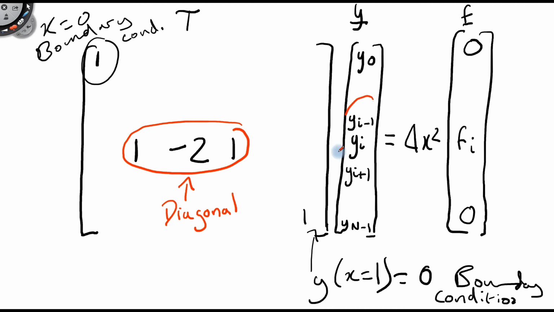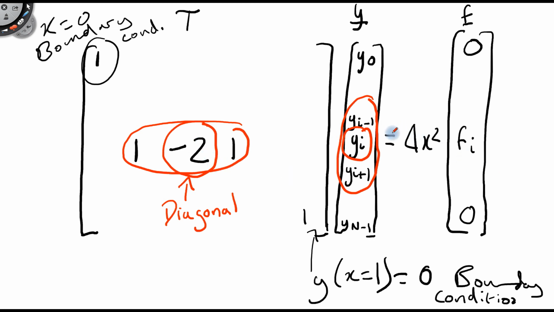That multiplies this vector: the minus 2 multiplies yi, the 1 multiplies yi minus 1, the other 1 multiplies yi plus 1, and that equals f of i. So that central element is giving you all the information of that general formula.